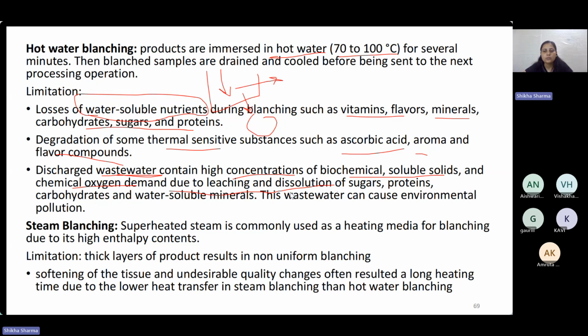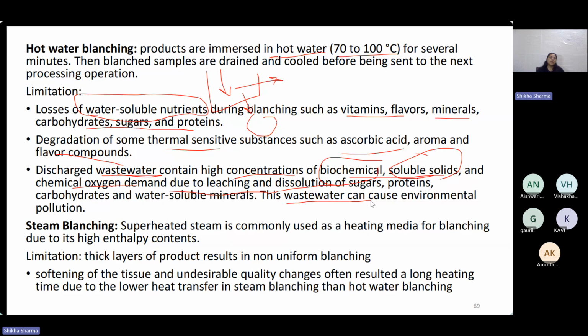Finally the wastewater which is discharged will be higher in biochemical composition and soluble solids. So that wastewater will be difficult to treat and will become environmental pollution. So these are the limitations of hot water blanching.